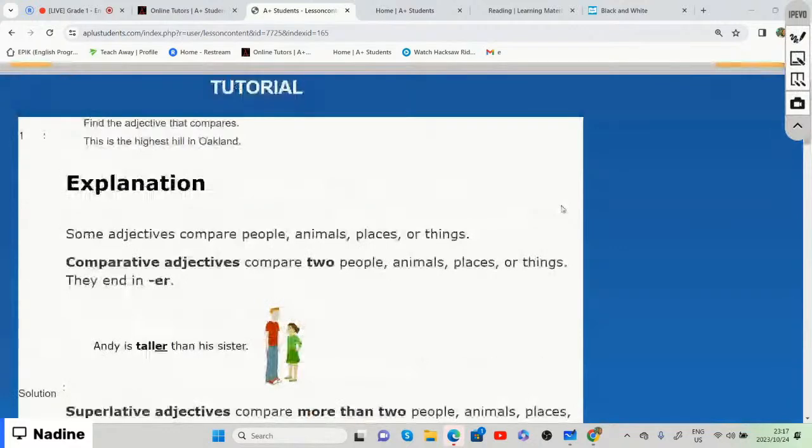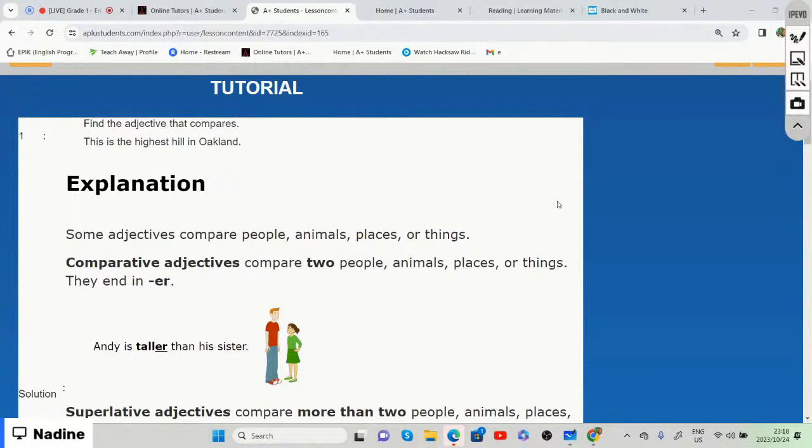Okay, so now we're going to look at the activity, right? They're saying this is the highest hill. We need to find the adjective that compares, whether it is a comparative or a superlative adjective.